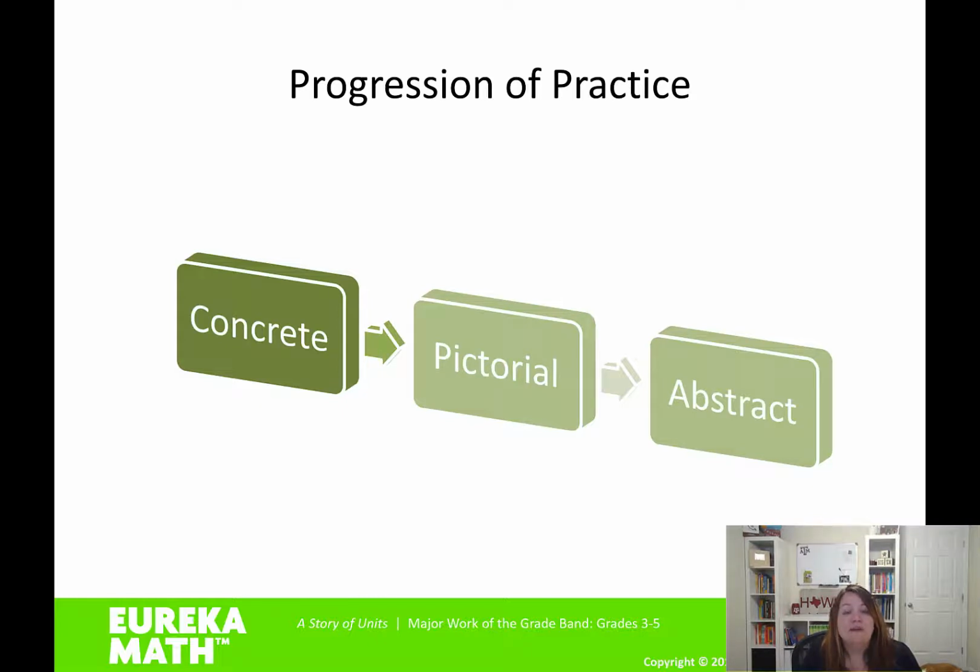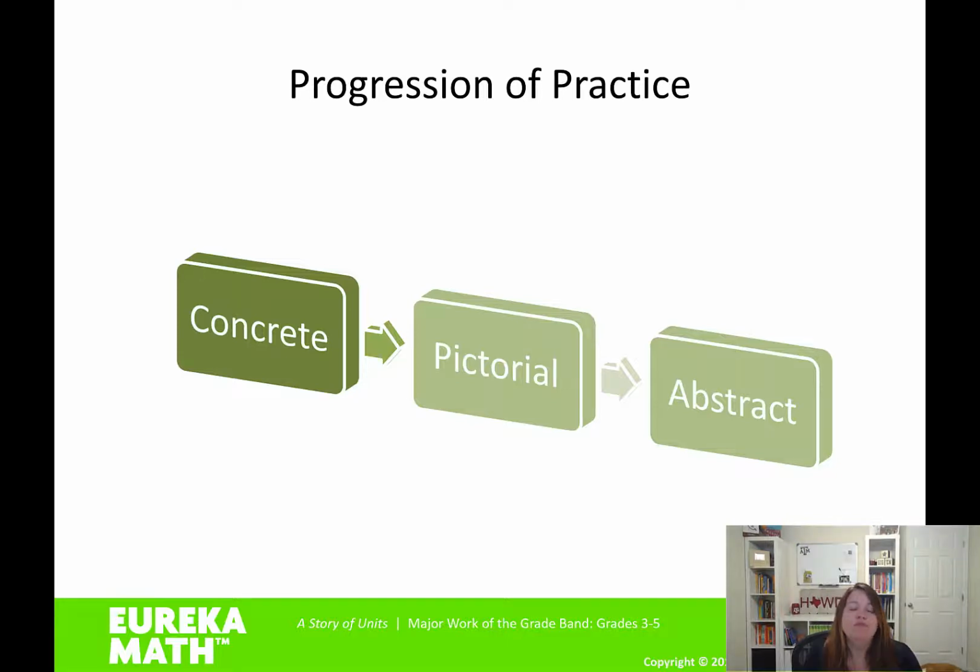So we've been learning about the progression of practice within this learning series, and this learning experience is no different. We really want our students to have that deep conceptual understanding, especially with a very important skill like multiplication. And we're going to start today with a concrete representation. That's why you need those place value discs.